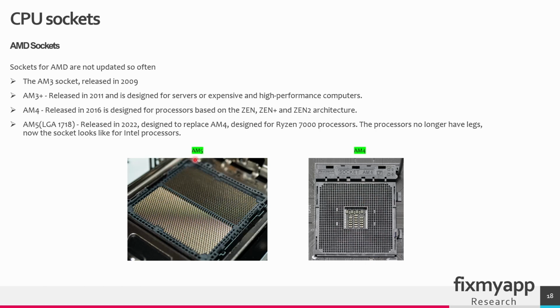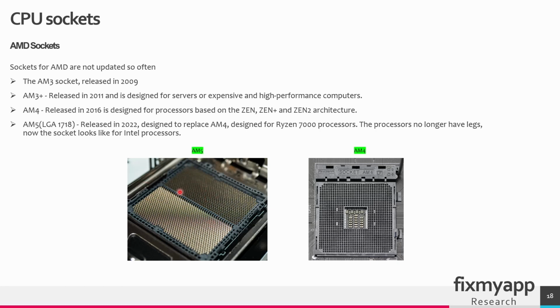So in the AM5 socket, you can see all those delicate pins, and these pins will make contact with the CPU. In an LGA socket, the pins are on the motherboard, so these are the pins, and not on the CPU itself. The CPU itself has small flat contact pads on its underside that correspond to the pins on the socket.